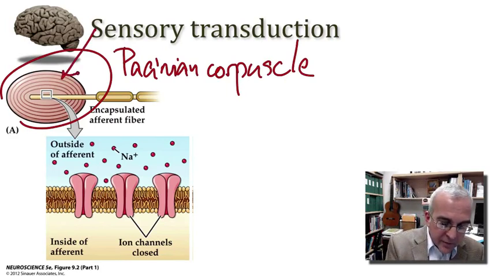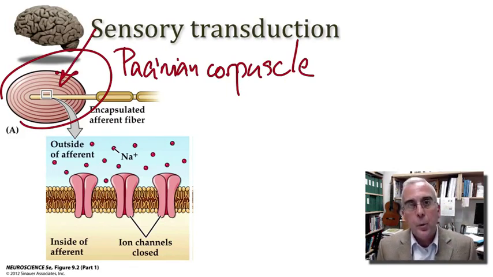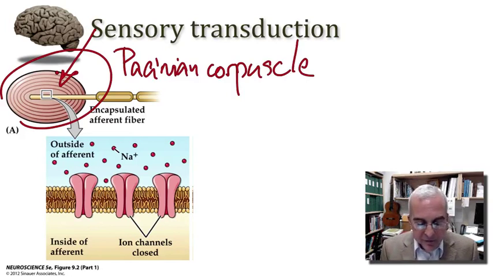So when there's some kind of mechanical interaction with the structures containing these Pacinian corpuscles, these ion channels will open. Not because they're voltage gated or because they are activated by neurotransmitters, as we saw in our previous tutorials on neurosignaling, but rather because the mechanical forces open these channels.